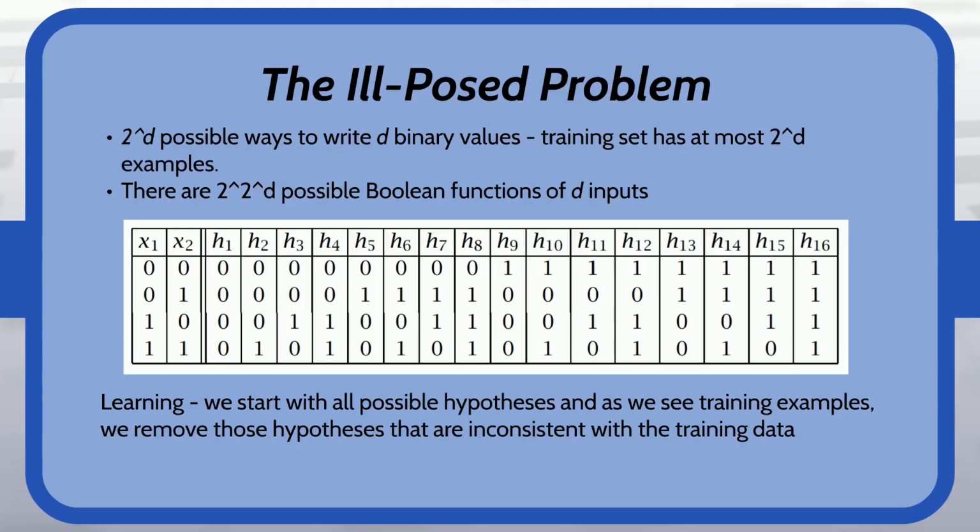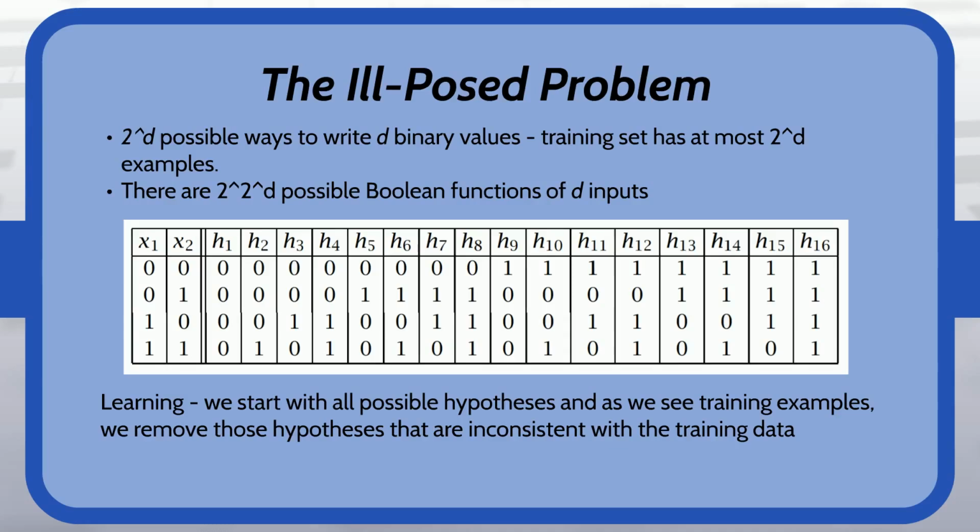Because of that, we can remove hypotheses 1, 2, 3, 4, 5, 6, 7, and 8. Actually, for each distinct training example, we can remove half of the hypotheses, namely those whose guesses are wrong. So, in the case of a Boolean function, like our particular example, to end up with a single hypothesis, we would need to see every single training example.